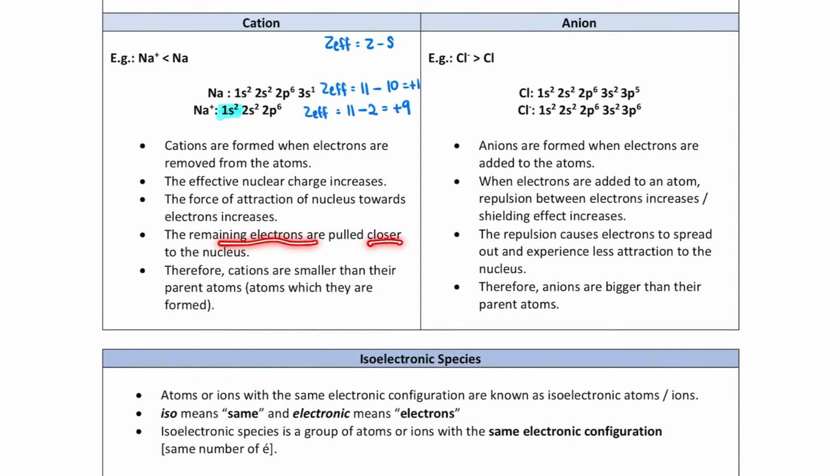The remaining electrons are pulled closer to the nucleus. So when the electrons are closer to the nucleus, the size of the cation will be smaller than its parent atom. Hopefully you can understand this concept. That's why I said before, it is important for you to understand Zeff and shielding effect properly, then you can explain the rest correctly.